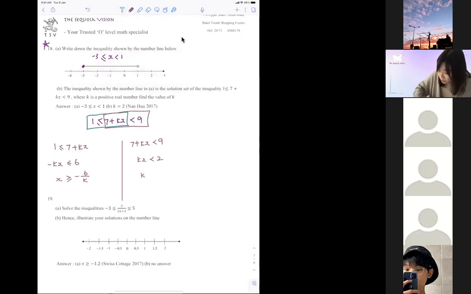So x is smaller than 2 over k. Okay, this one is with the equal sign.